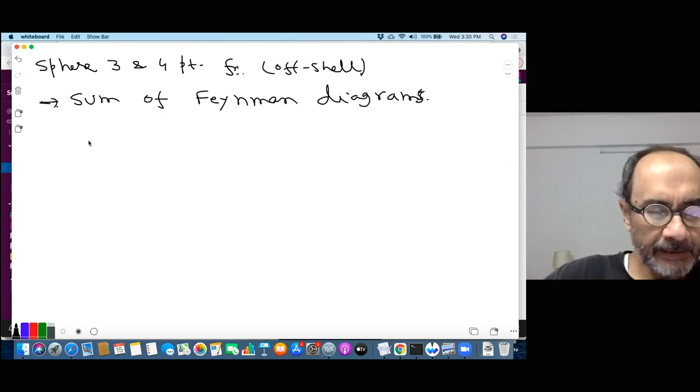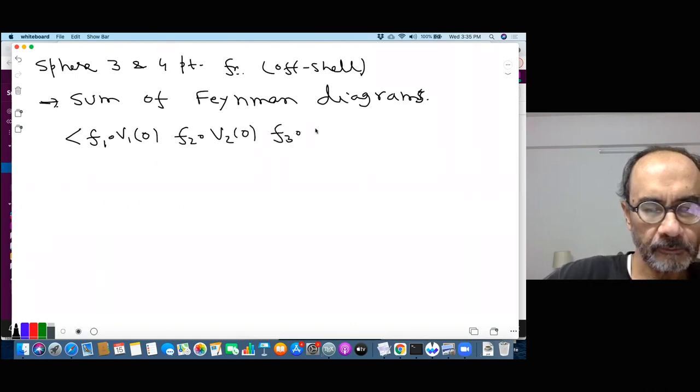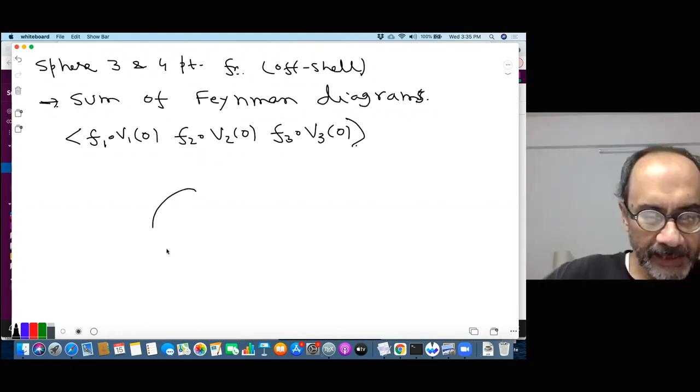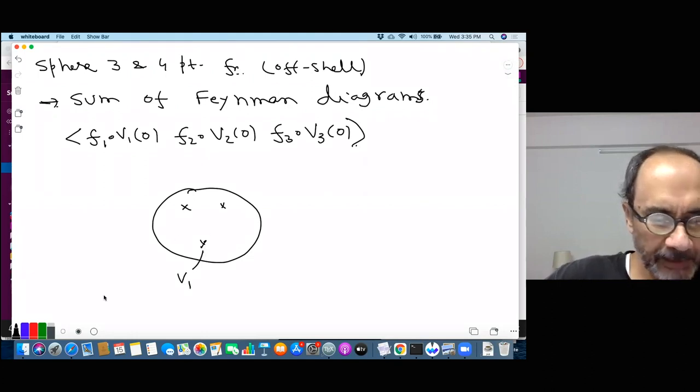Let me begin with the sphere 3 point function, which we had already introduced. All the vertices are symmetric, so it doesn't matter which one is what. So this describes a sphere with 3 punctures. Now imagine that we insert a state V1 on one puncture, and then we sew the other 2.